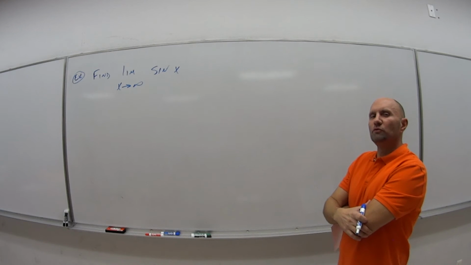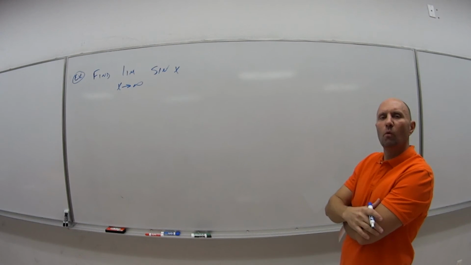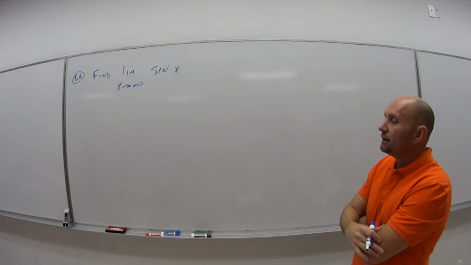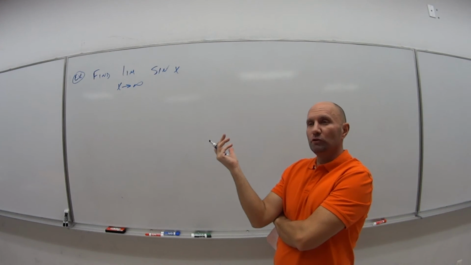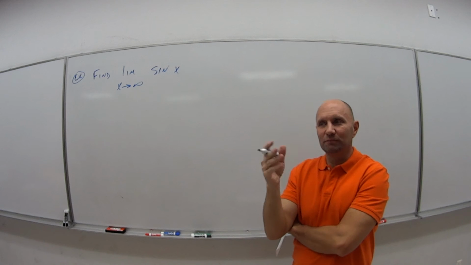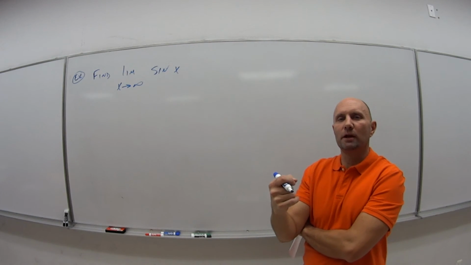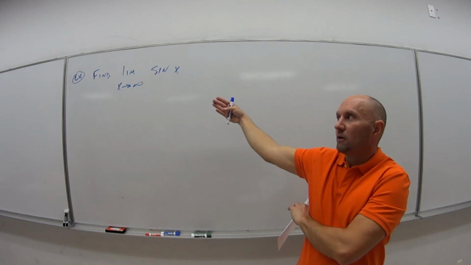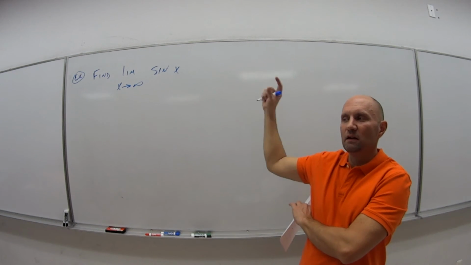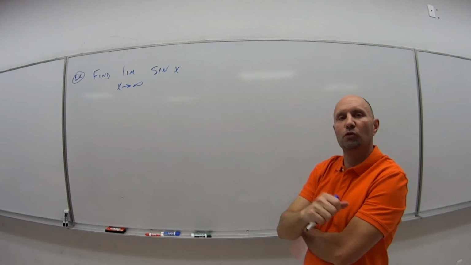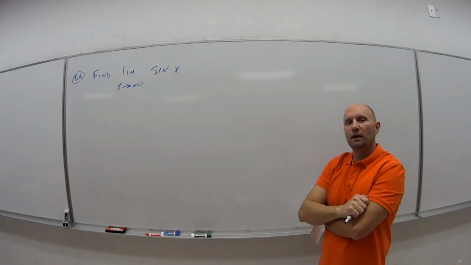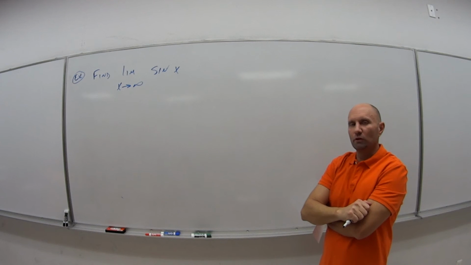As x goes to infinity, what does my value get close to? Or does it? My hint here, as I told you when we first started looking at limits at infinity, draw the picture. Because as soon as you have that picture, you can just look at it and say, oh, I'm out here at positive infinity. This is the value that it is going to, if anything. So go ahead and hit pause if you want and try to figure it out. Come on back, we'll look at the answer together.